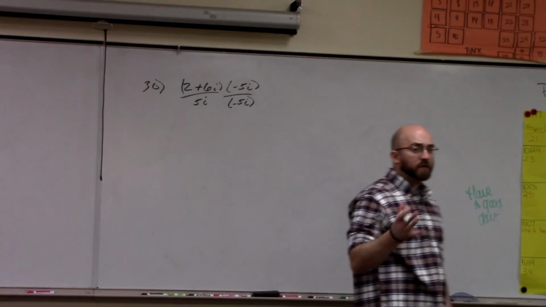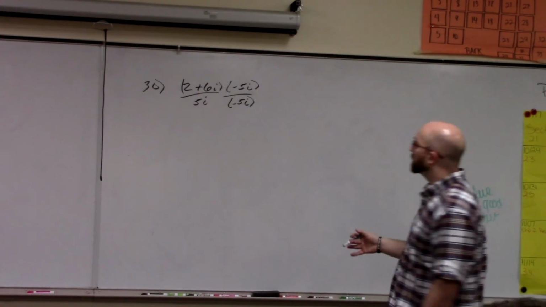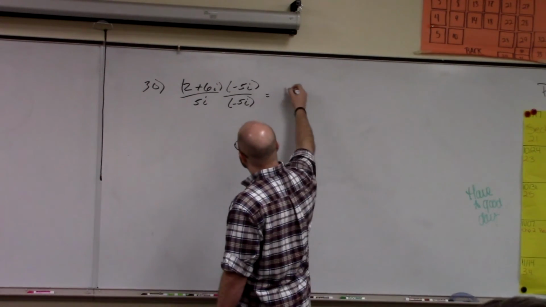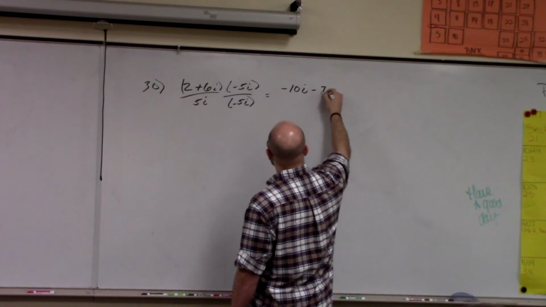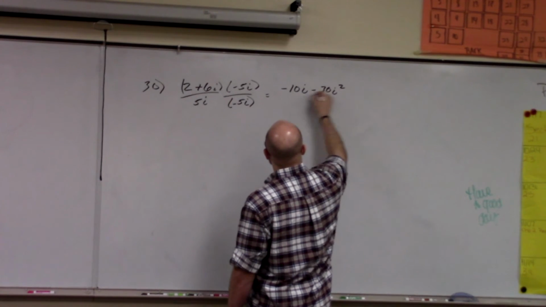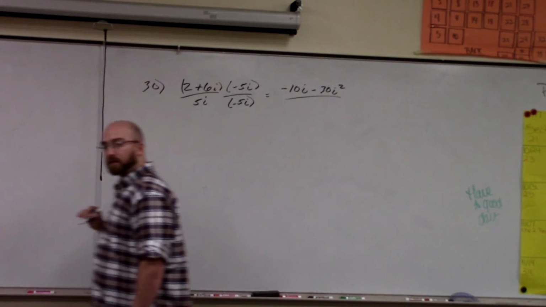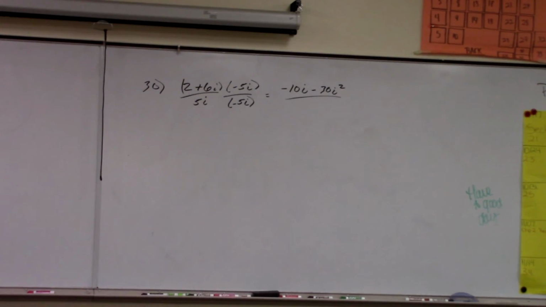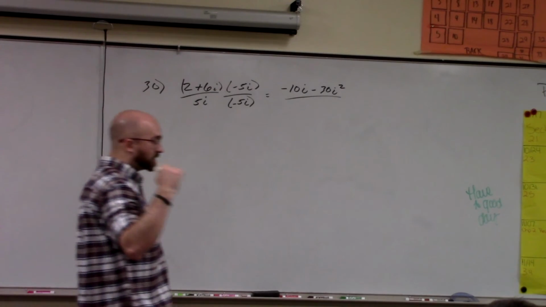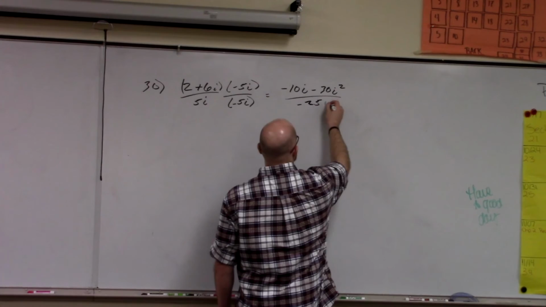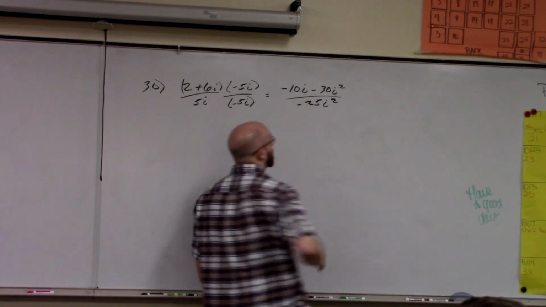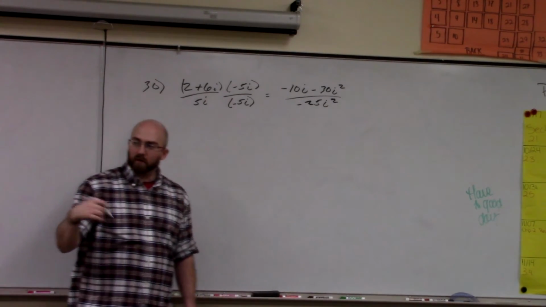So you have to distribute. The top one's going to be negative 10i times 30x squared, correct? Because the negative 5i goes to each term. 5i times negative 5i is negative 25i squared, so it's positive 25, because i squared is equal to negative 1.